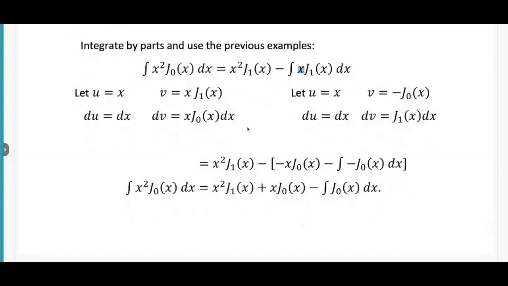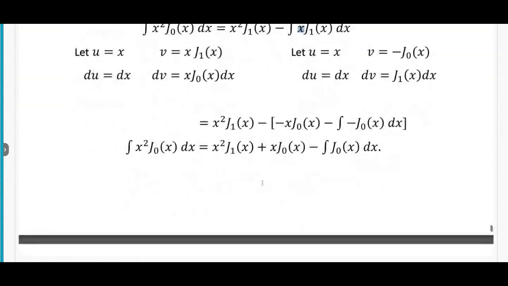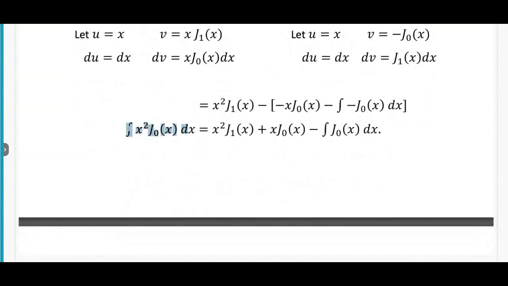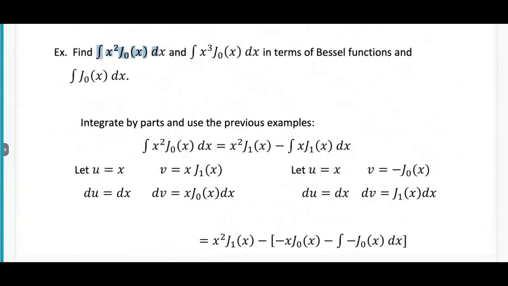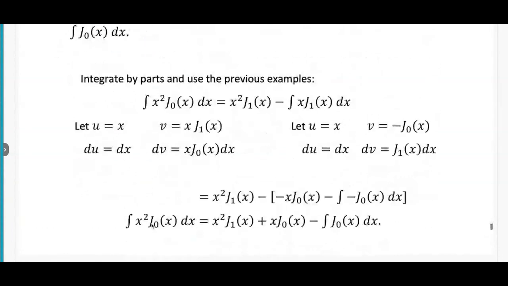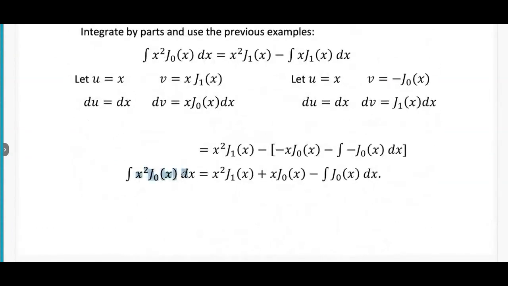So integrating by parts, in the end, what do we get? The first one, with x squared inside the integrand, equals x squared J1(x) times x J0(x) minus the integral of J0(x) dx.